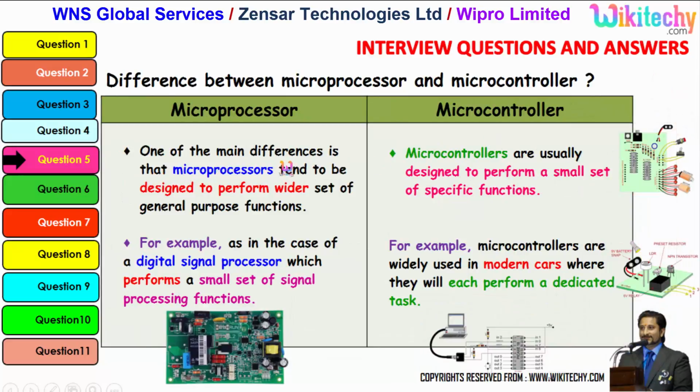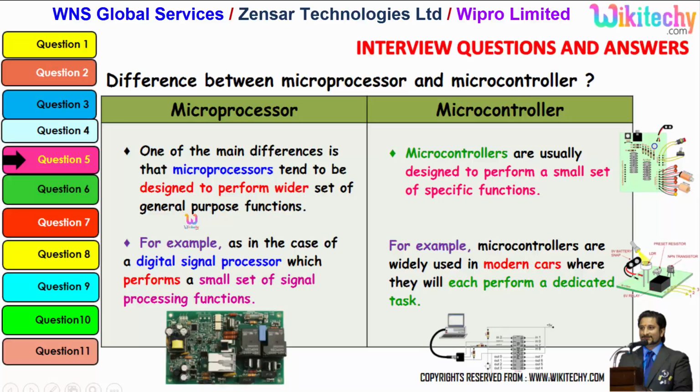One of the main differences is that microprocessors tend to be designed to perform a wider set of general purpose functions. For example, as in the case of a digital signal processor, which performs a small set of signal processing functions. Whereas microcontrollers are used to perform a small set of specific instructions or functions.